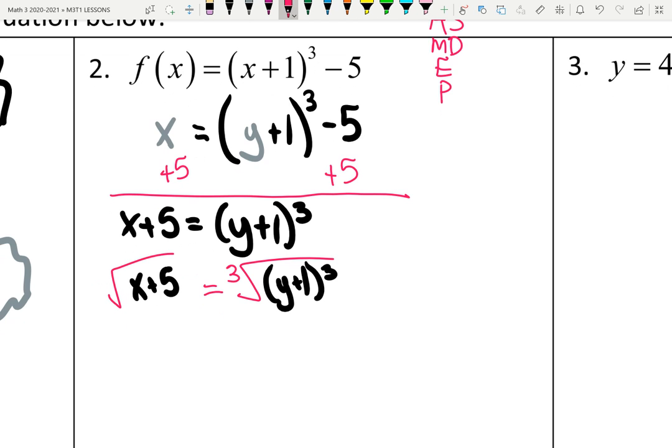What I want you to notice is that this radical and the power, when they're the same, are going to cancel each other out.